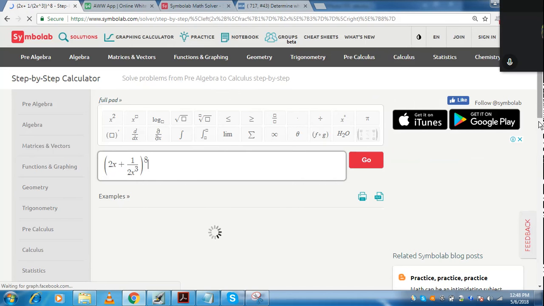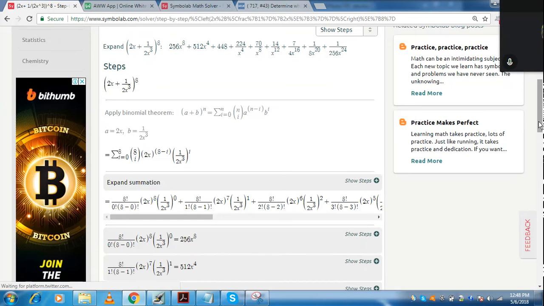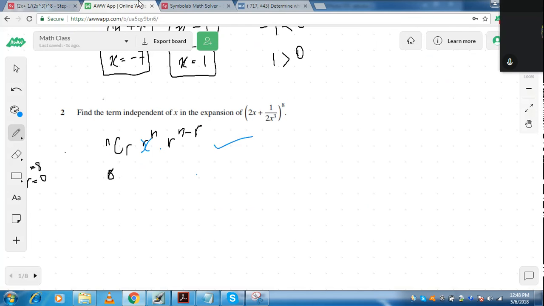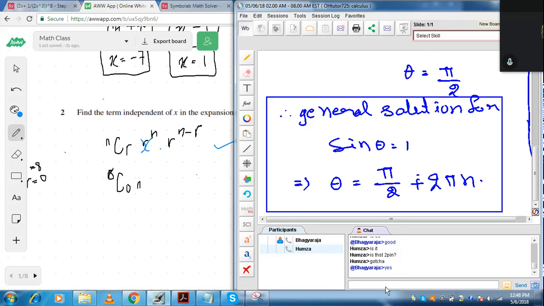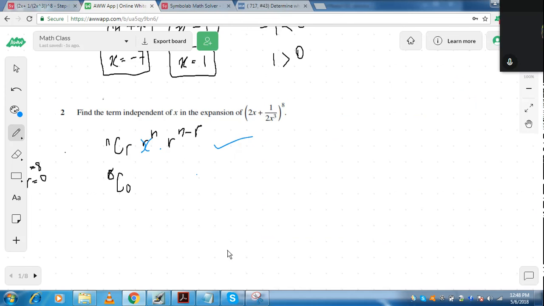x is 2x, correct. Here n minus r, here r. That's a small change, the n minus r and r formula. Then we have to continue this until we reach the end, right?